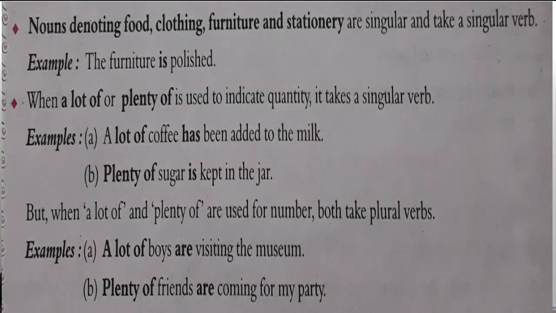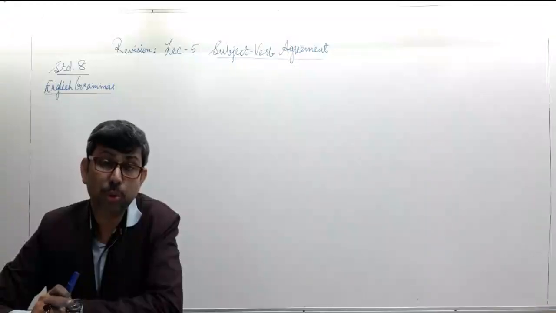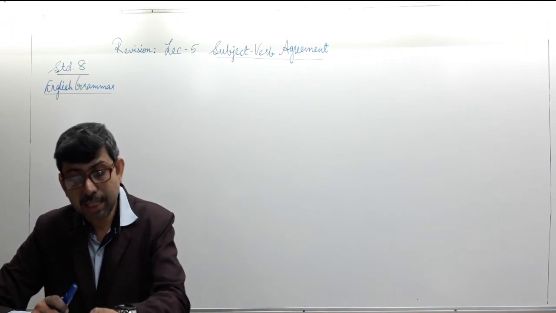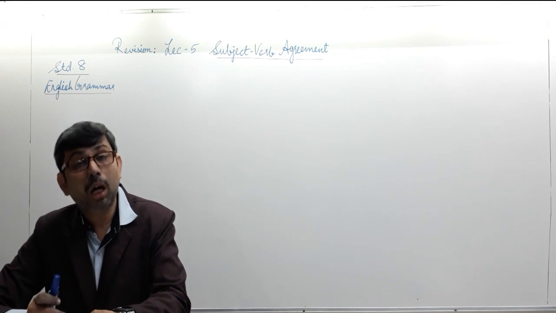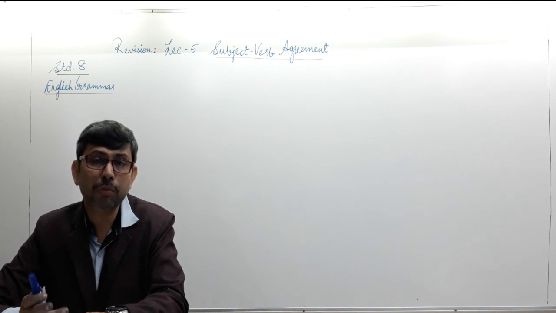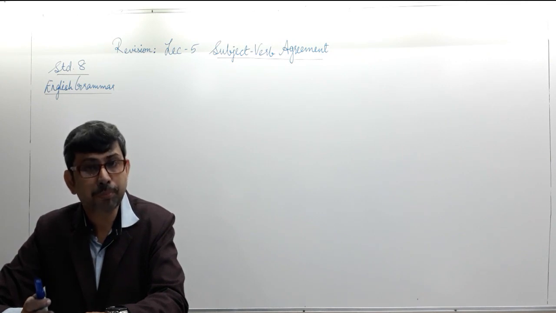Similarly, with the phrase plenty of. Plenty of sugar is kept in the jar. Well, sugar is an uncountable entity. So, when you use phrases like plenty of, a lot of, with uncountable nouns which cannot be counted, we make use of a singular verb and not a plural verb.